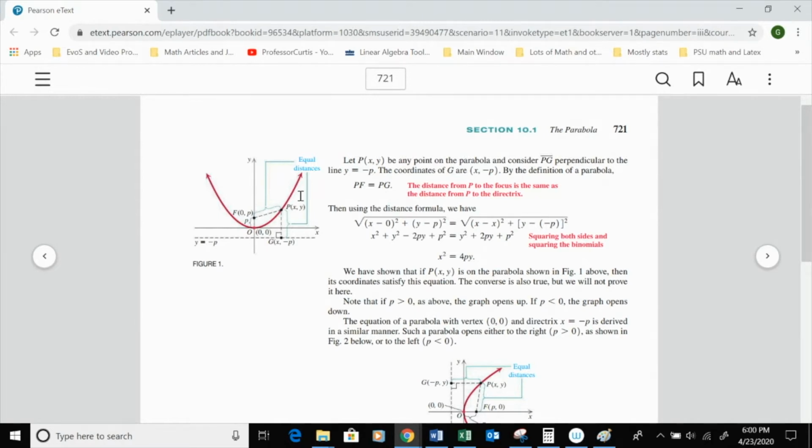Most students don't like geometry, and they're glad they got out of it. We won't do a lot of geometry. Don't worry, there won't be any proofs. But whatever this distance is from P to G, that's the exact same as the distance from the point to the focus. The point is P and the focus is F. And so we say PF equals PG.